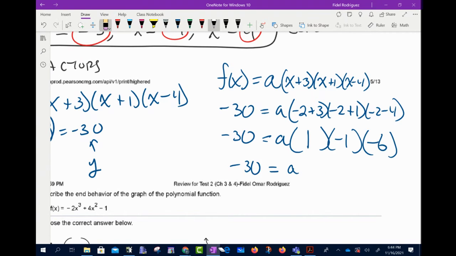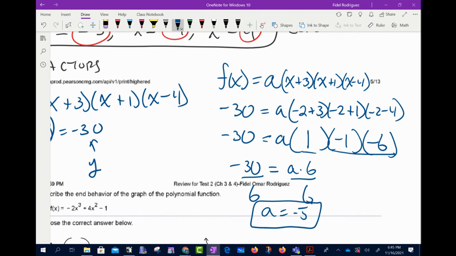We don't need to put three parentheses. -1 times -6 is +6, right? Times 1 again, still +6. So if I'm trying to solve for the letter a, I'm going to divide everything by 6, and a is going to be equal to -5, right?